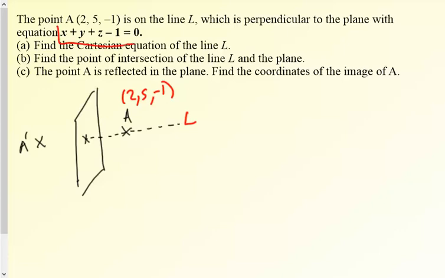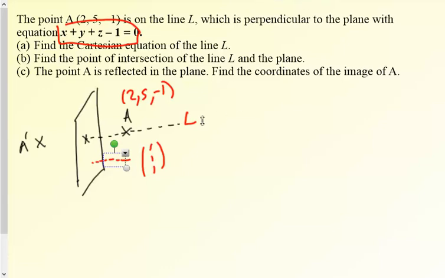Okay, so that's our Cartesian equation of the plane there, and that's useful of course for giving us the direction of the normal. Well, if the direction of the normal is (1, 1, 1), then the direction of the line is going to be (1, 1, 1) as well.